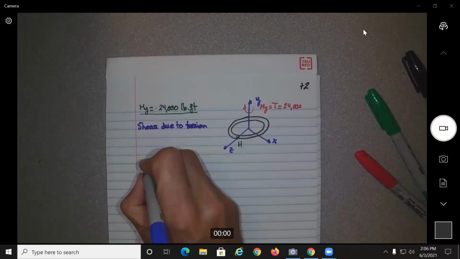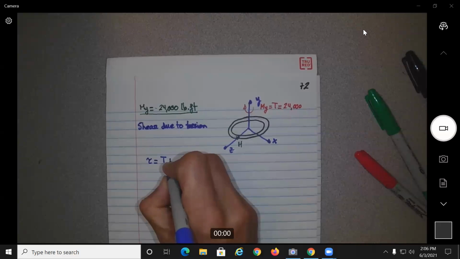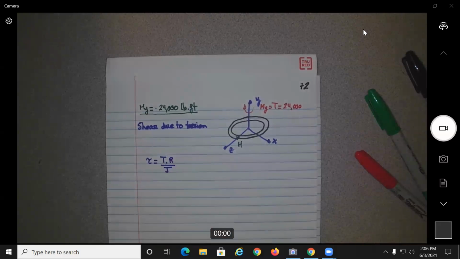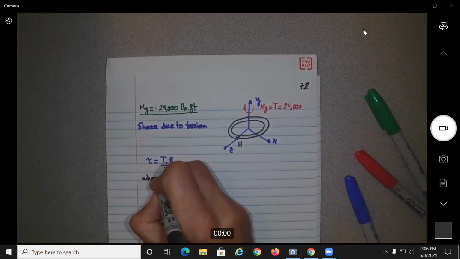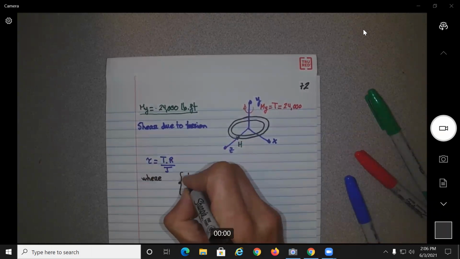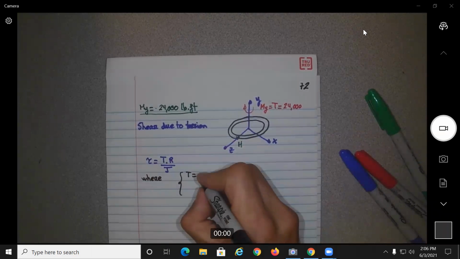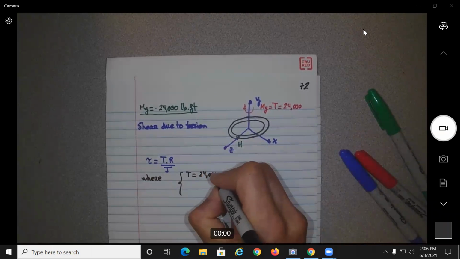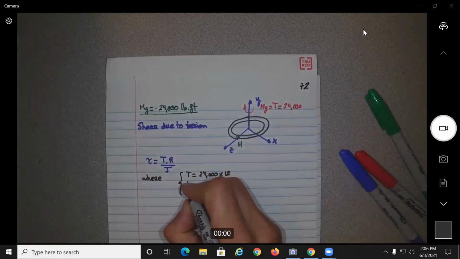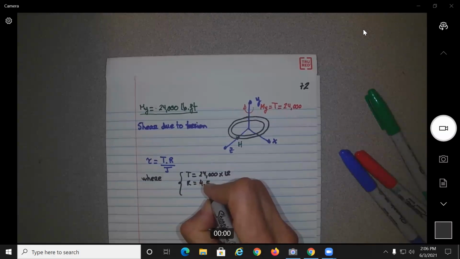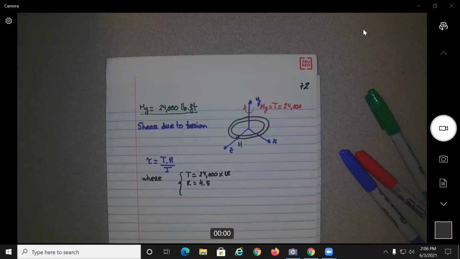So we give you tau equals T times R divided by J. So if we follow the same thing as before, T will be equal to 24,000 times 12. Then R will be what? 4.5.